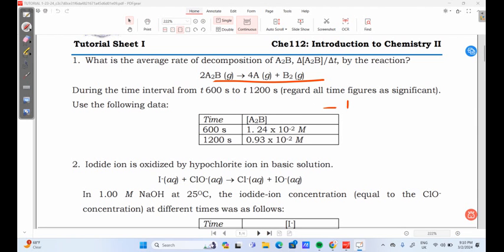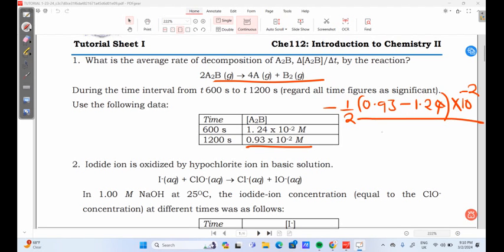Negative 1 over 2, and then for the final concentration, it's 0.93 minus 1.24. Whatever we find is times 10 to the power negative 2, so I've put it out because it's common. Then over the change in time: the final time was 1200, the initial was 600. So the formula is negative 1 over 2 times the change in concentration of our reactant over the change in time.